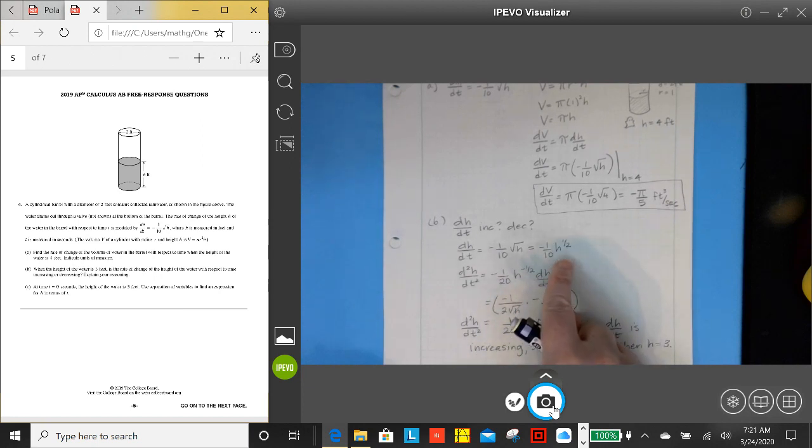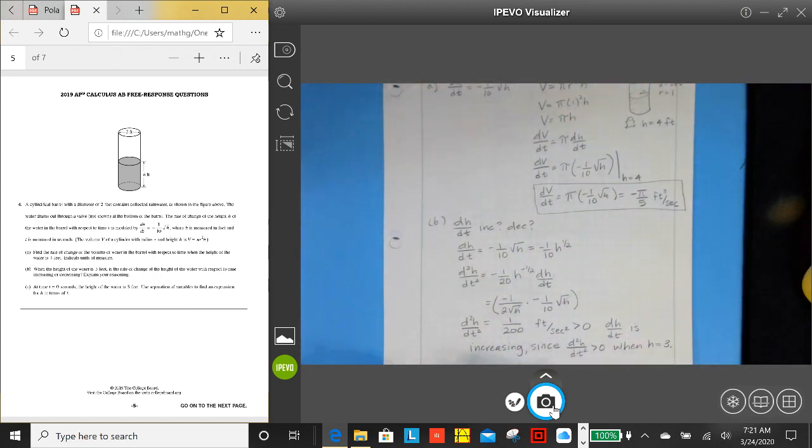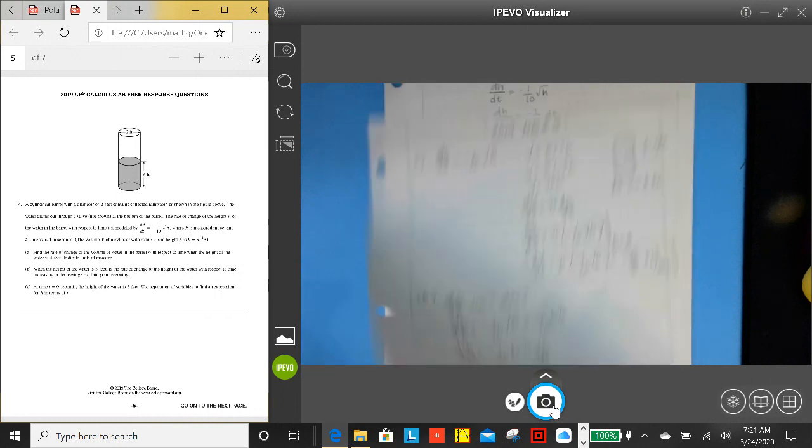And then you get a point for putting the first derivative in for dh/dt, and then you get a point for this explanation. So it's important that you use your words to explain why the rate of change of h with respect to t is increasing.